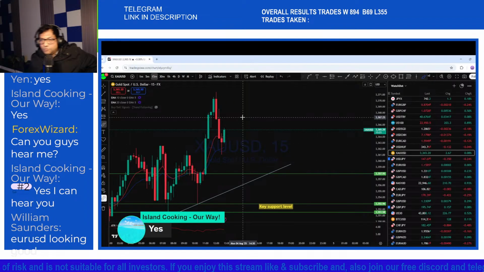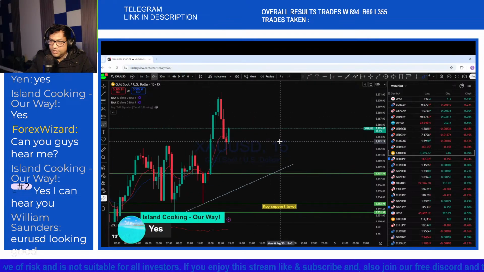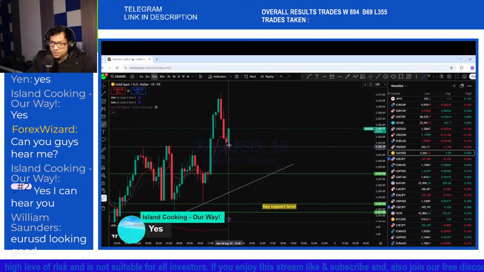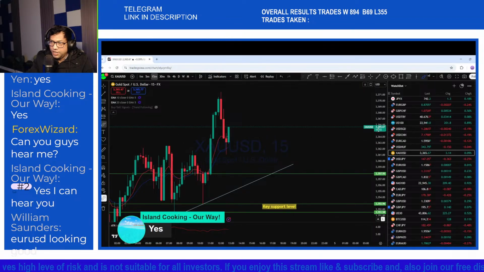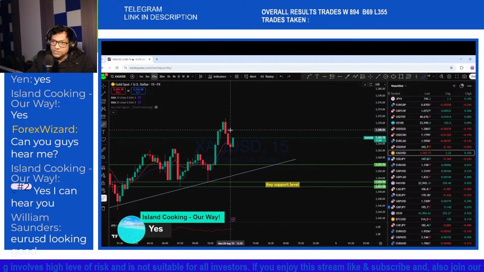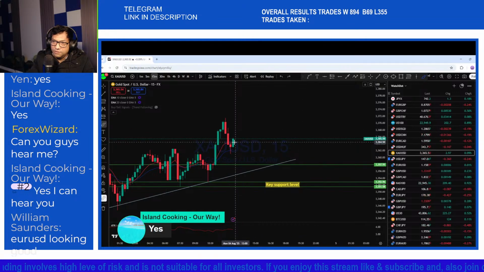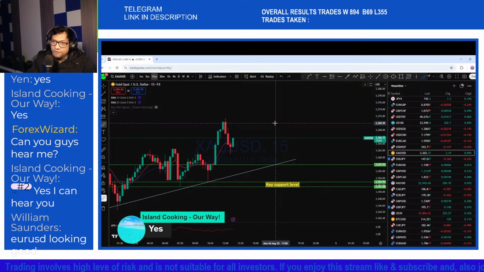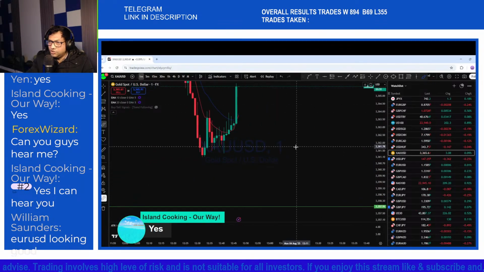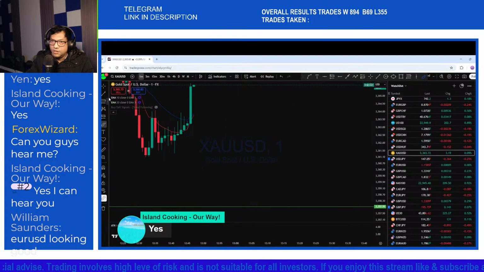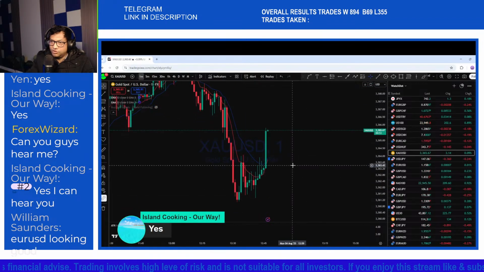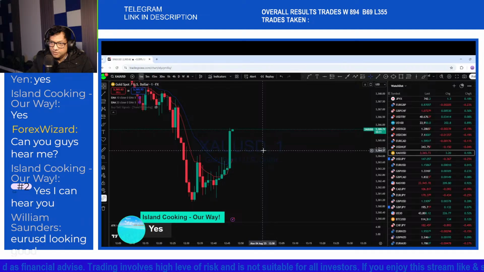Now what do we see here? After this pin bar, it's trying to push again back to the upside. Well, that's where we can see that it may try to push back to the upside. For us to find a suitable entry, if you look at the 1 minute, you can see it's trying to create a reversal pattern here in that area.